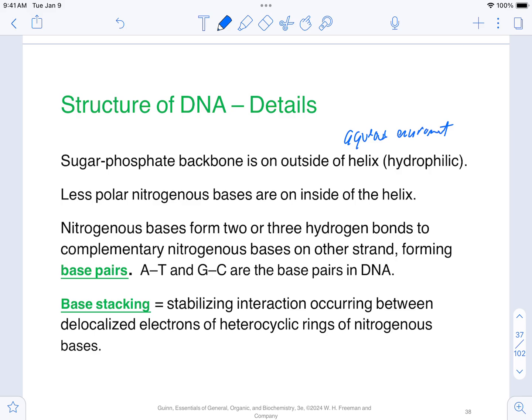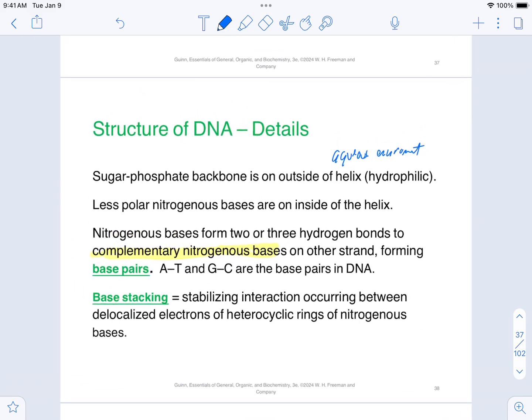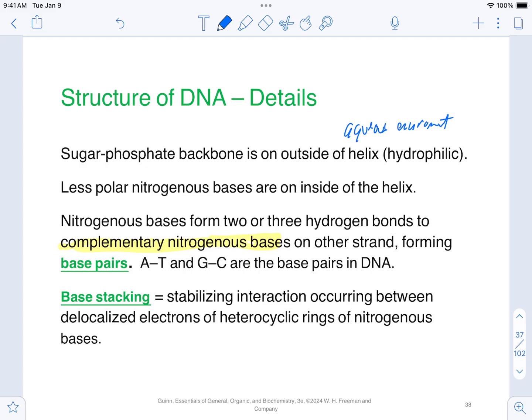These bases form hydrogen bonds. Again, it can be 2 or 3, as we saw in the picture, to a complementary nitrogenous base on the other strand. And that is called a base pair. So these are very important. A complementary nitrogenous base, or base pair, is when you switch letters.